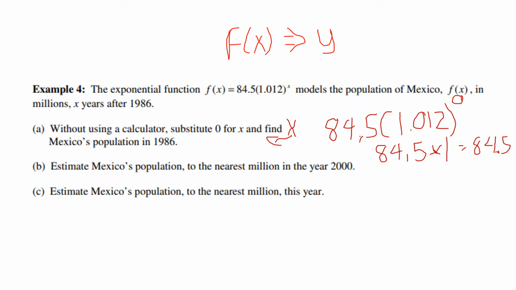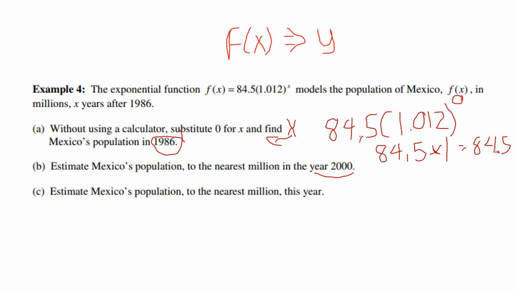So guys, estimate the population to its nearest million in the year 2000. So you're going from 1986 to 2000. You gotta be able to know the years of that to get that answer.